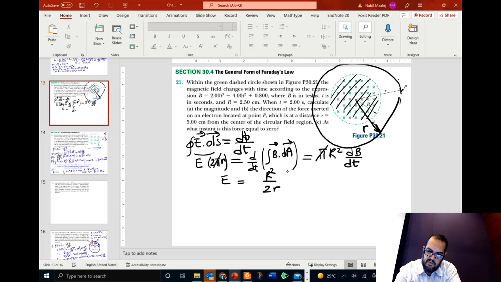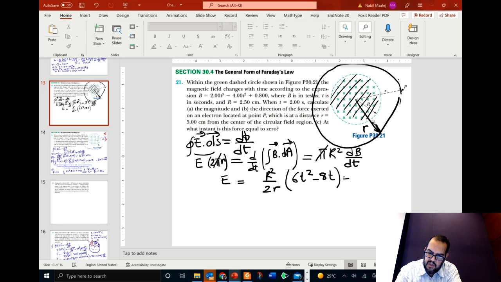The derivative of the magnetic field is 2 times 3, that's 6 t squared, minus 8 t, 4 times 2 t. We replace this at t equal to 2 seconds.